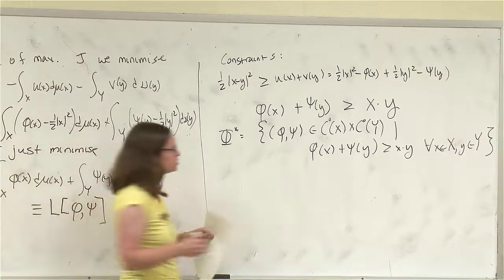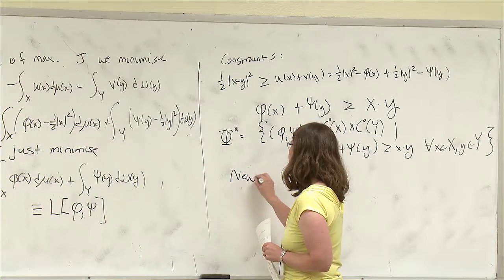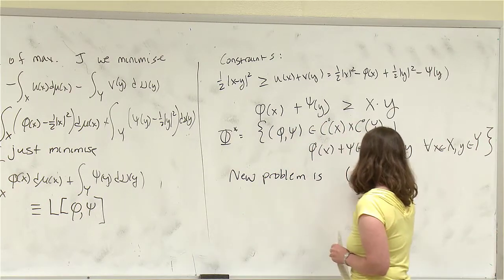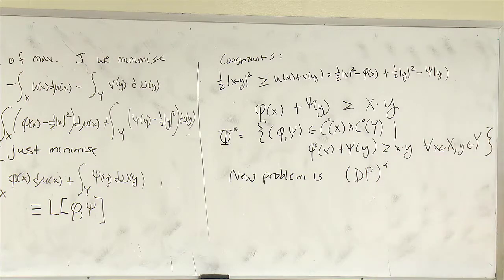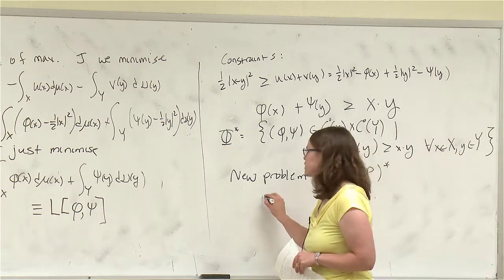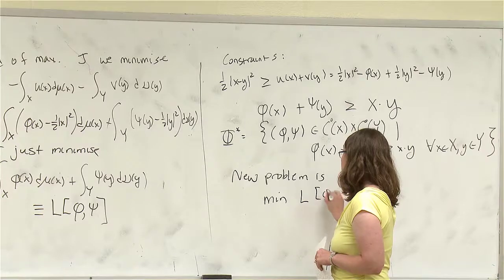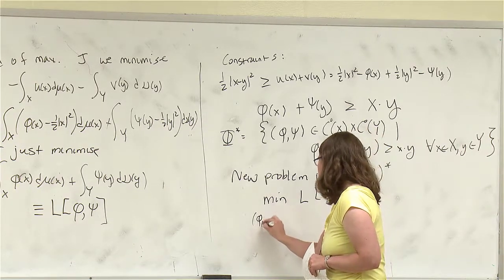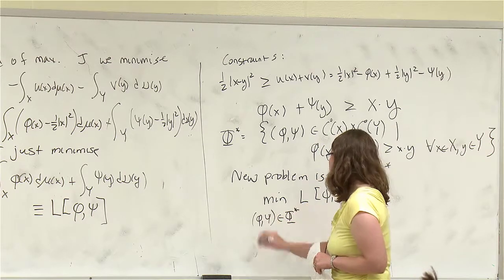Okay, so abstract notation. Our new problem, which I'm going to call DP star, is the dual problem, and I just tweaked it a little bit. I turned it on its head. So this is going to be to minimize L of phi psi over phi and psi living in my new constraint set.